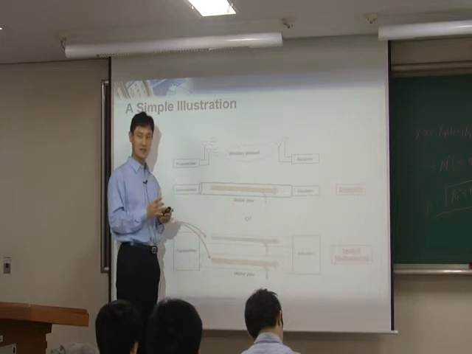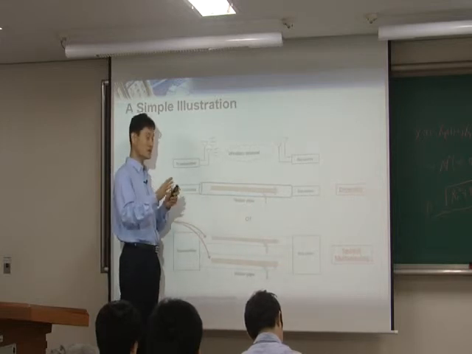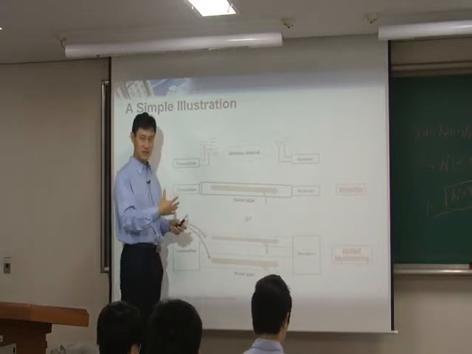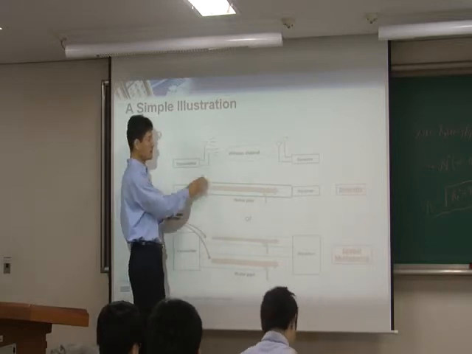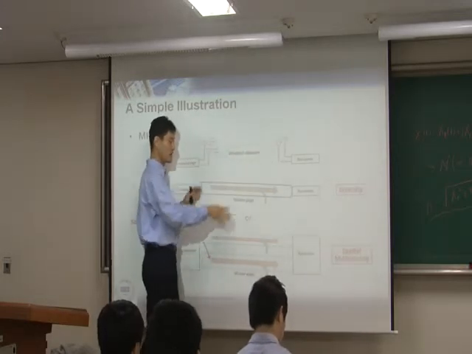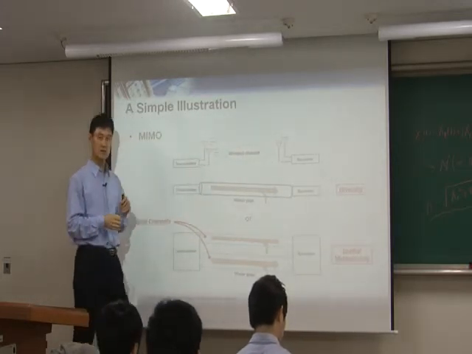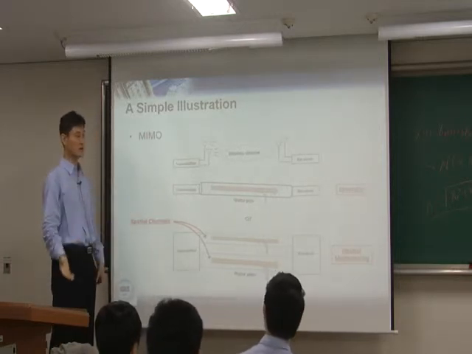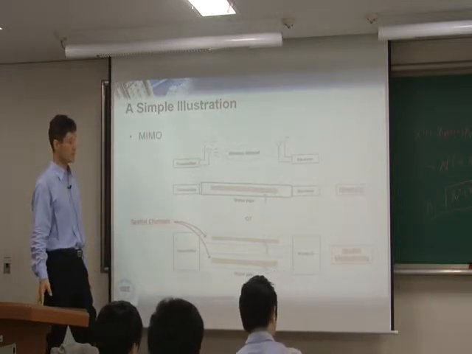There are certain cases like that, okay? So we'll talk about the details later, but I'm taking a very optimistic view of this system. If you have 3 antennas at both ends, you can have up to 3 spatial channels. You can even transmit higher data, right? In that case.